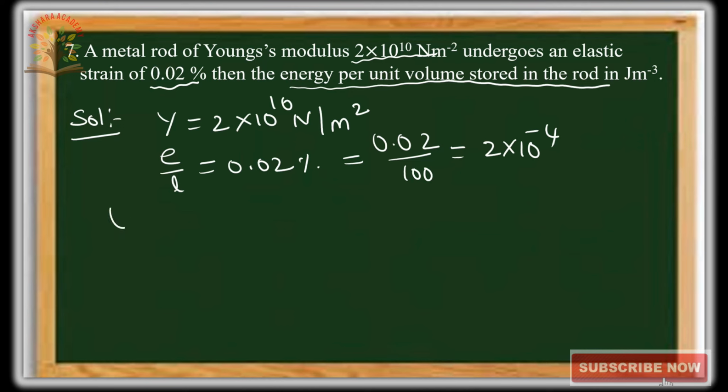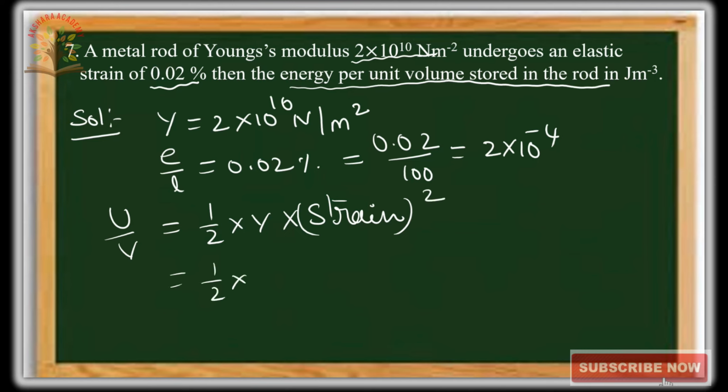So U by V is equal to half into Y into strain whole square. So next, substituting the values, half into Y, nothing but 2 into 10 to the power of 10, and strain nothing but 2 into 10 to the power of minus 4 whole square.